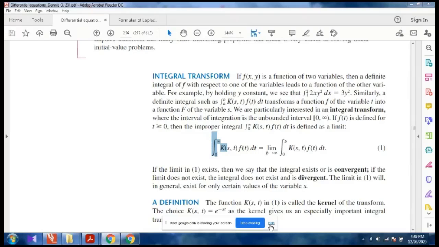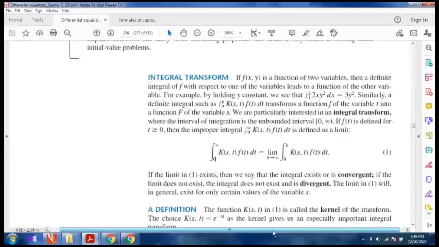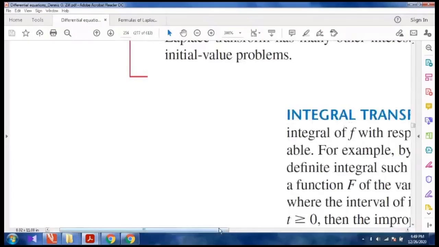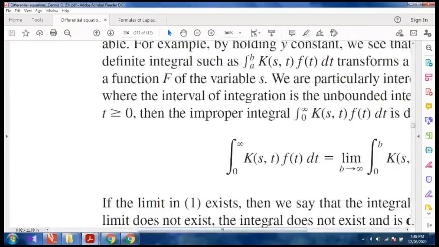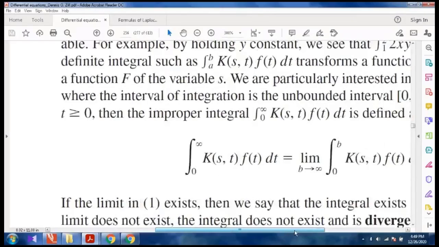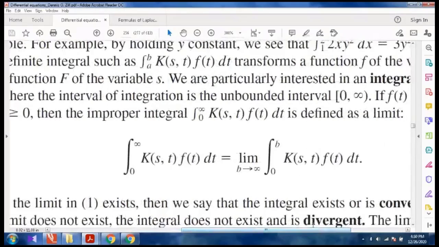You know that an improper integral is one kind of integral where the lower limit may be negative infinity, or the upper limit may be infinity. In both the limits, lower and upper, there may be infinity, or there will be some discontinuous function inside the interval.